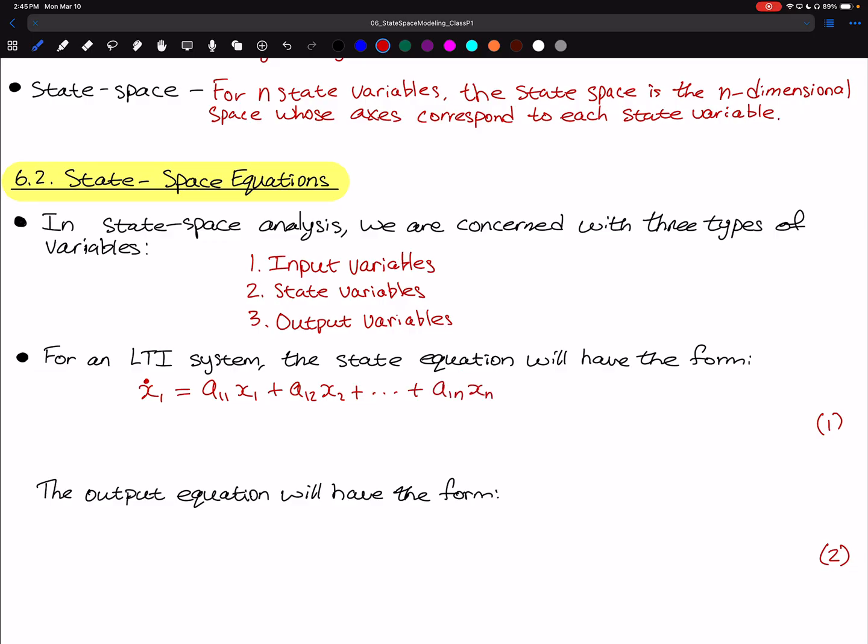So that's our n state variables. And now we're going to add inputs. So we're going to have plus b11 times our input u1, plus b12 times u2, plus dot dot dot, plus b1r times ur. So we have n state variables and r inputs to the system.